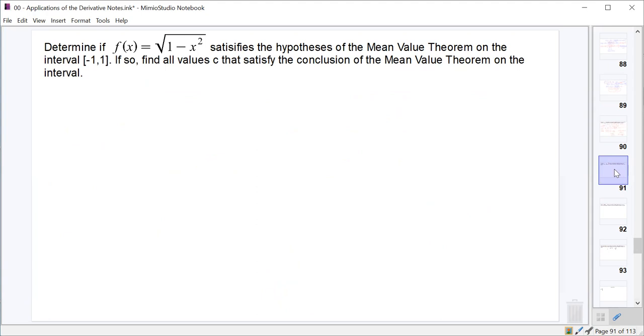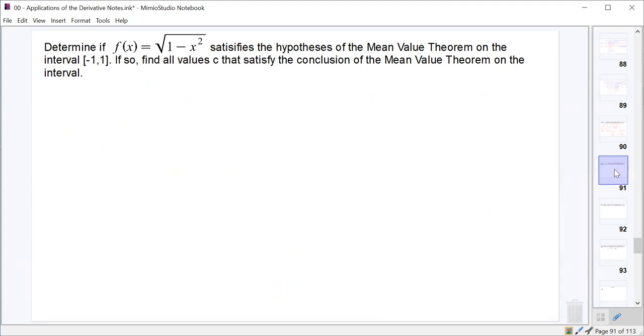All right, let's see if the square root of 1 minus x squared satisfies the hypotheses of the mean value theorem on the interval -1 to 1. If it does, let's find all the values to satisfy that conclusion on that interval. So, first off, if this is square root of 1 minus x squared, we're going to have to figure out what the domain of this function is.